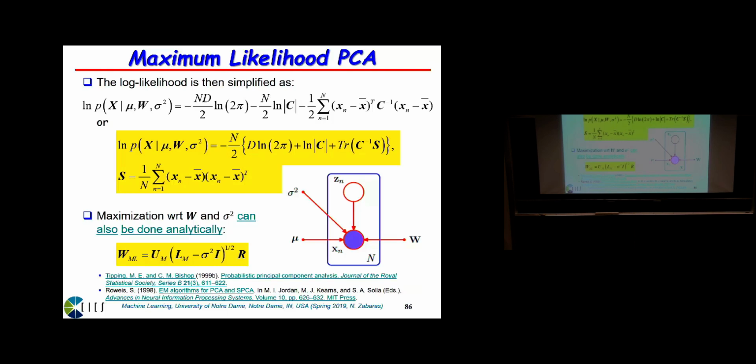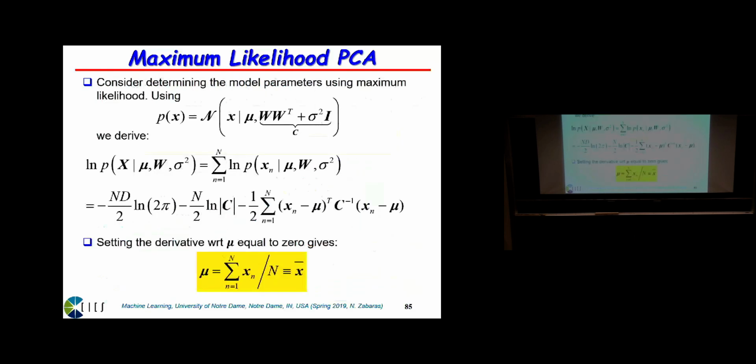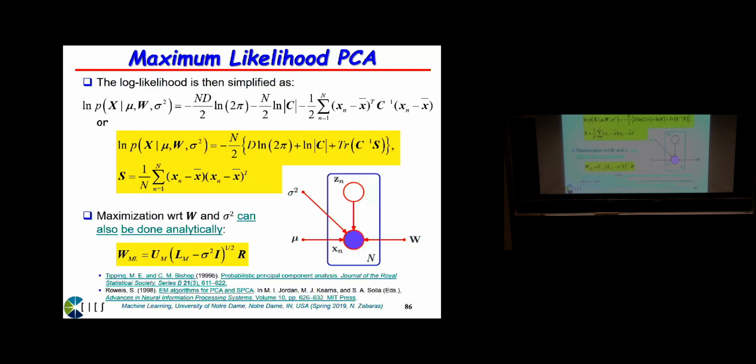Okay, so we need to maximize this log likelihood, and the unknowns, of course, are W, which comes inside C, and what happened to the noise sigma square? Where is sigma square coming in? Sigma square also comes in C, right? You remember C involves plus sigma square I. So C involves both W and sigma square, so we have to compute those things.